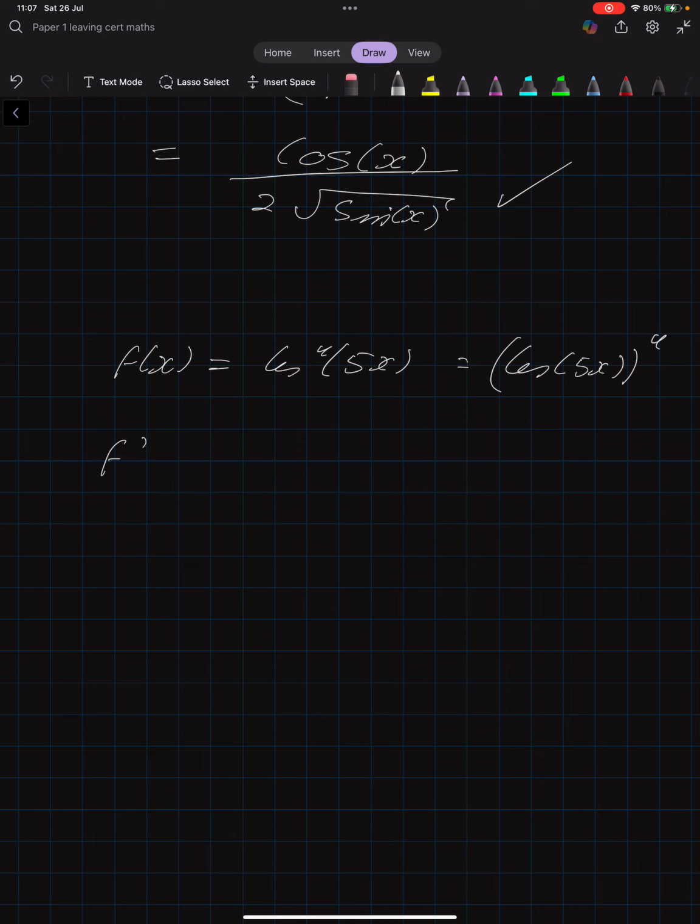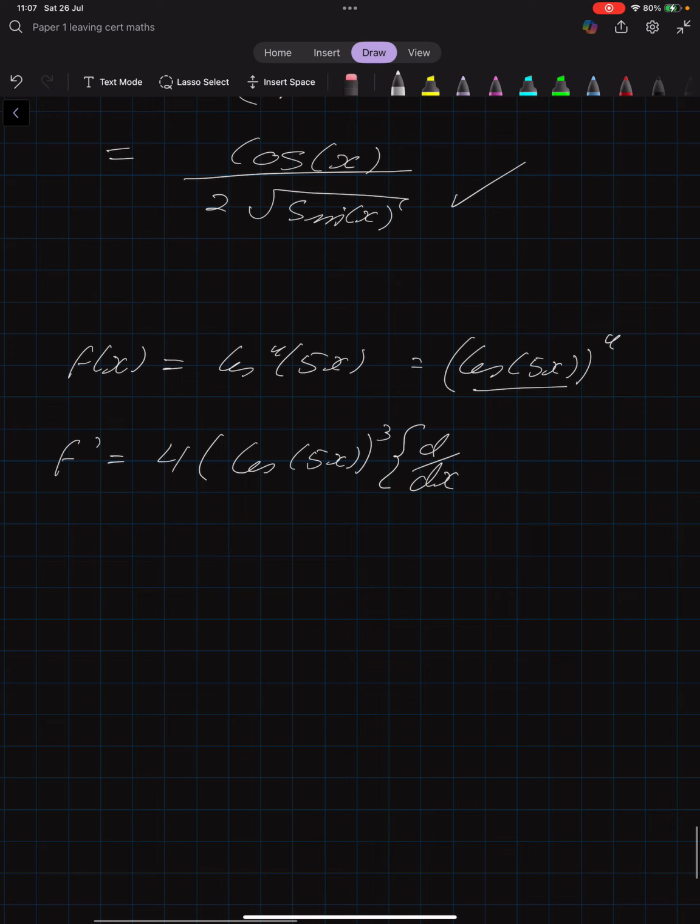So f prime, again, if you pretend this thing was x, you would just do the power rule, you'd say the 4 comes down, you'd minus 1 off the power, you get cos 5x to the power of 3. Now you need to multiply by the derivative, so d dx. Sorry, I made a little bit of a mistake. Okay, but basically you need to differentiate cos 5x.